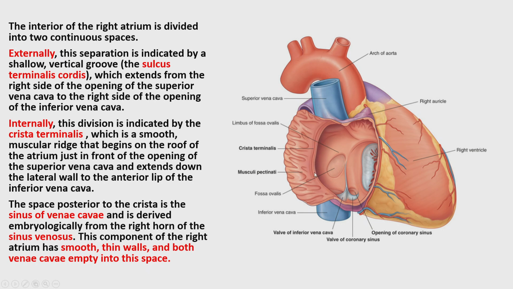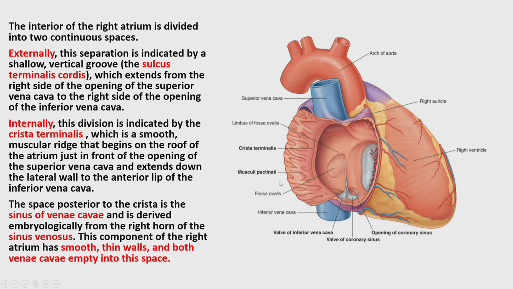But this terminal crest that you see, or crista terminalis, separates this smooth sinus venosus or sinus venarum cavarum from the rough part, which is mainly formed by the muscle. Do you know the name of the muscle in the atrium? Usually inside the auricle, yes?